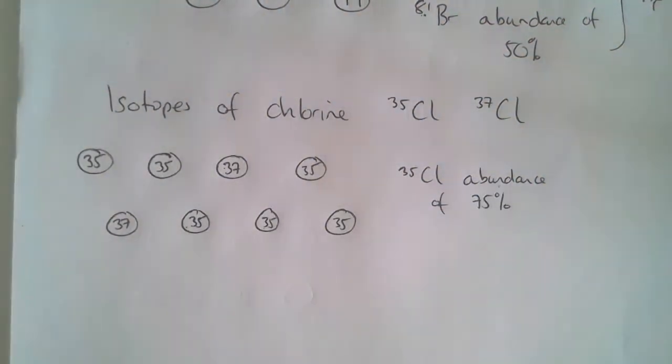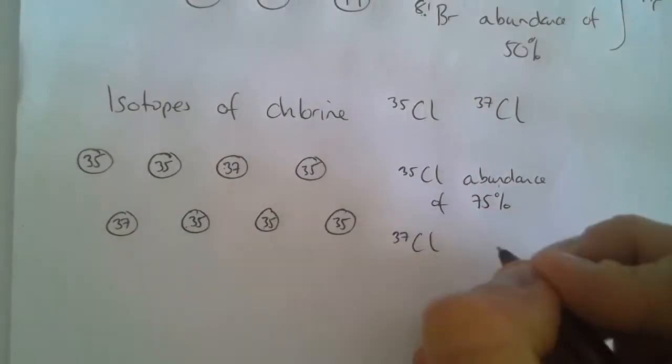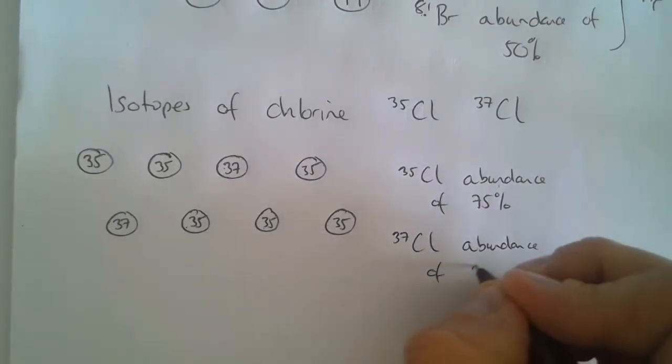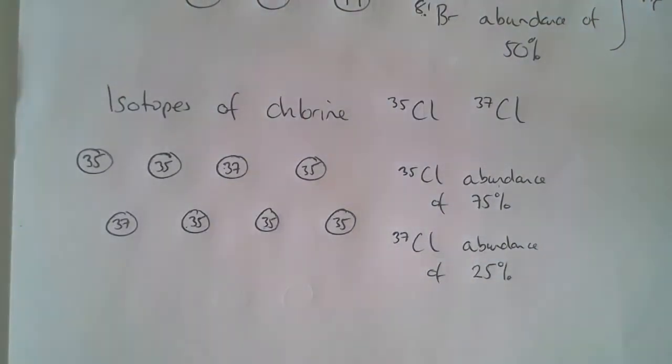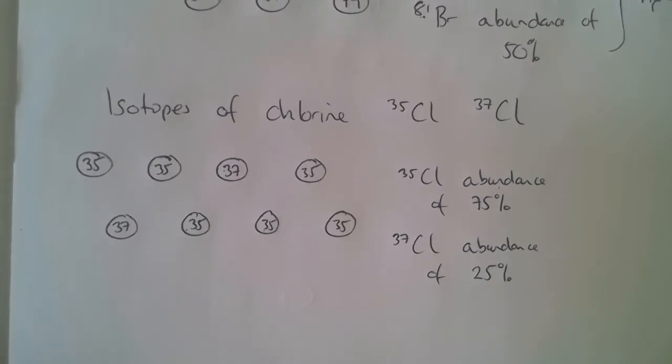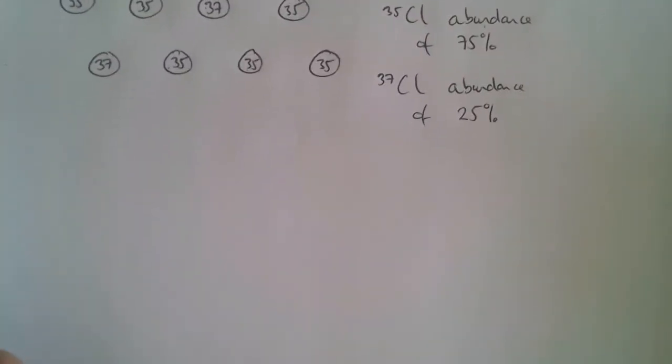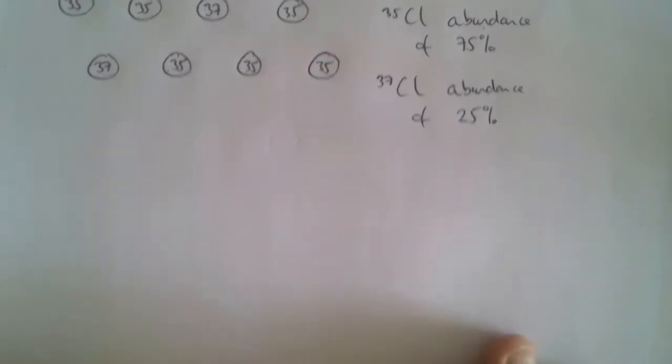So this word abundance means how much there is, how common they are. And 37 has an abundance of 25%. So this time our average is going to be a little bit more complicated to work out. We have to do what mathematicians call a weighted mean average. So let's look at how we do that.